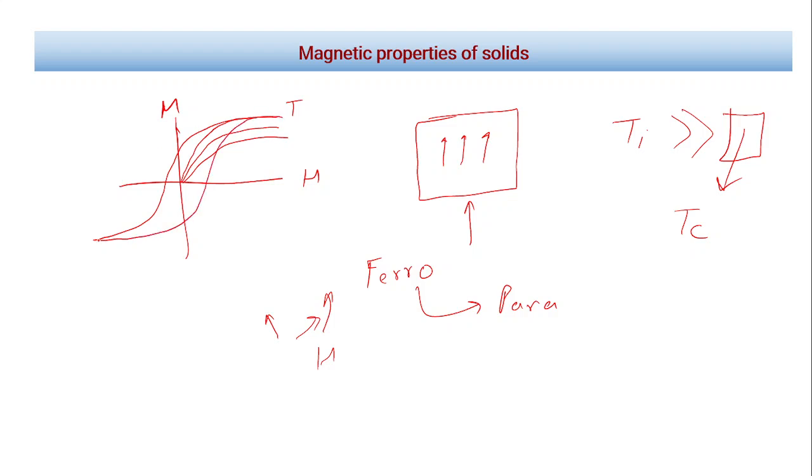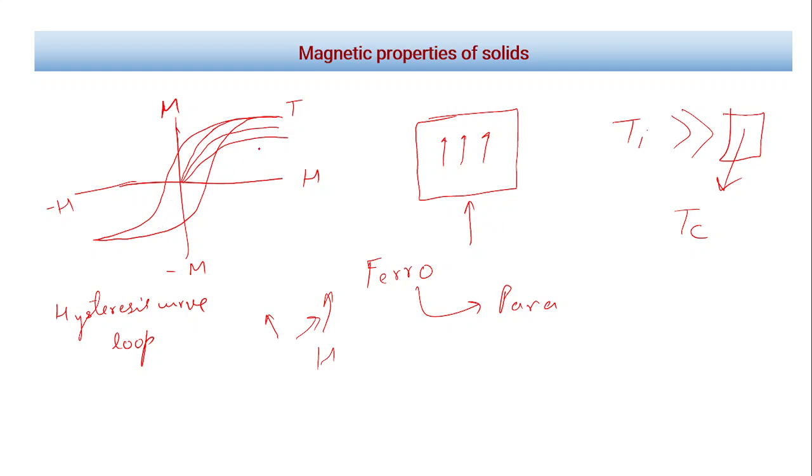Okay, it becomes like this. This is minus H, this is minus M, and this curve is called the hysteresis curve, or hysteresis loop, because it's a closed loop. So it's also called MH loop, hysteresis loop.